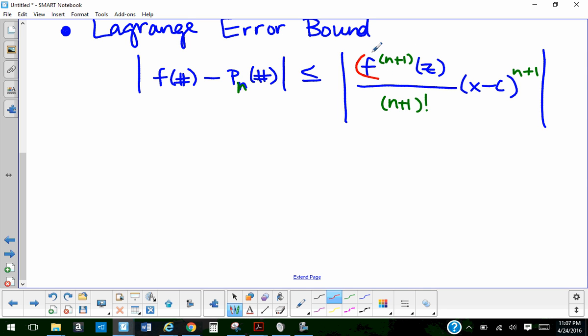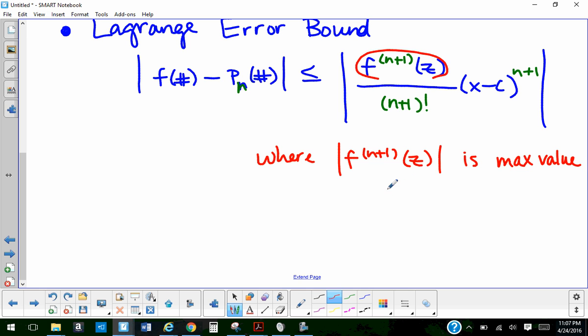So this portion, f to the n plus 1 of z in absolute value, is the max value of the n plus 1 derivative of f of x, also in absolute value, between the number that you were interested in and the center that you wrote your polynomial around.